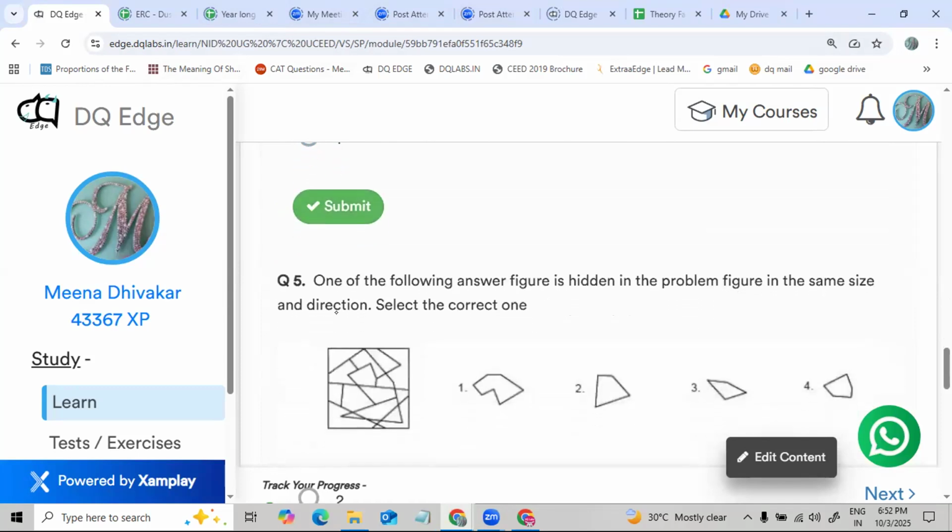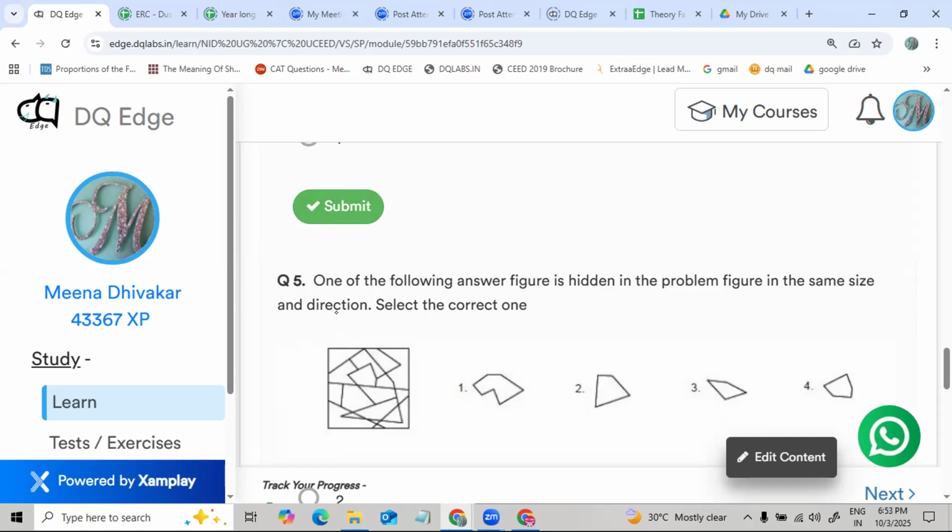Coming to this, option 4 is correct. I'll tell you why not option 1. Just see the shapes. It should be in the same direction.